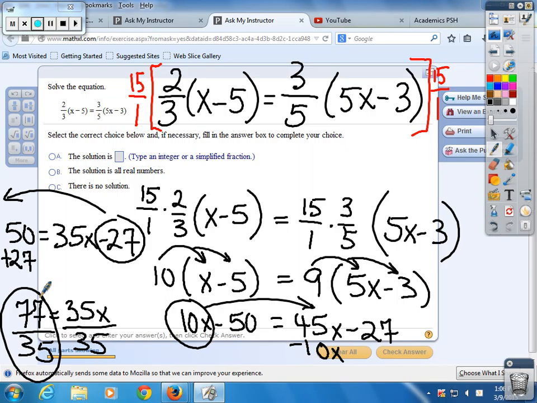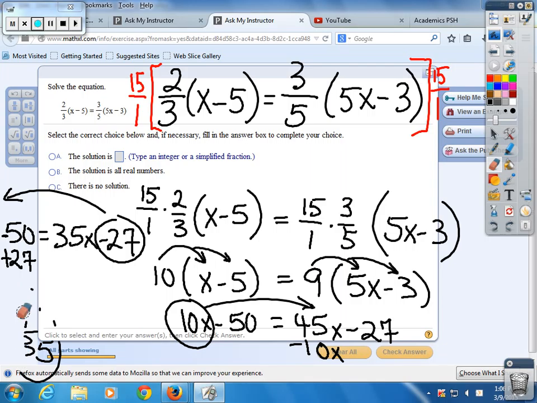Did I? You're right. I'm sorry. Negative 50. There it is right there. I just decided to change the problem. I just do that every once in a while, to make sure y'all are awake.